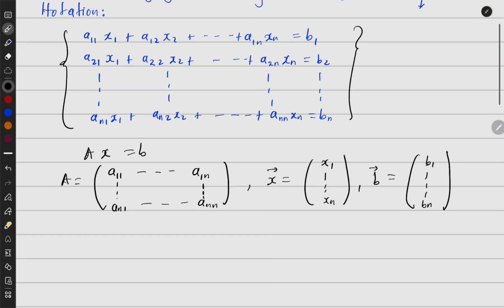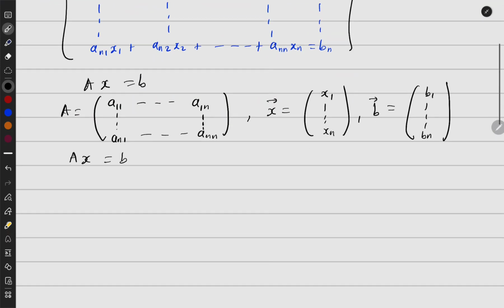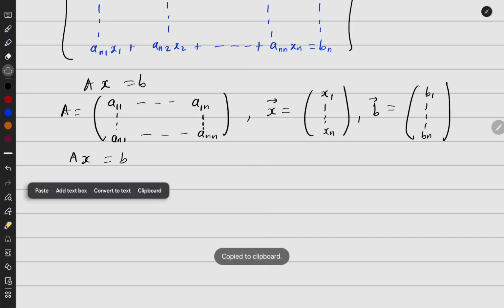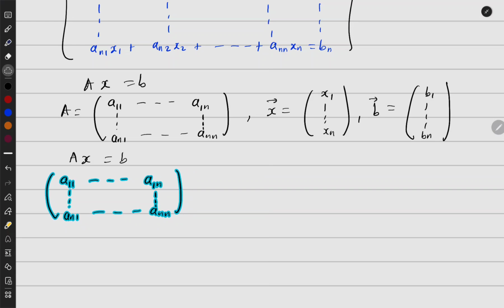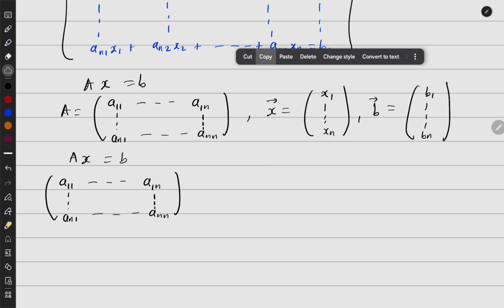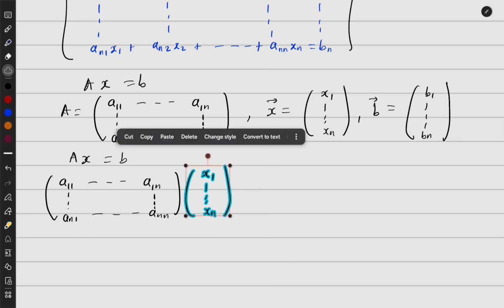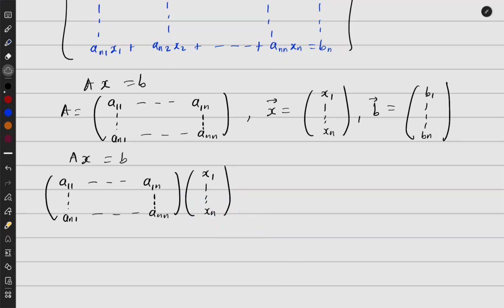Therefore, for you to be in the form Ax = b, I can combine this here. This is our A, then I have my x, which is an unknown, so it's the one we are looking for, but this entire expression is equal to b.